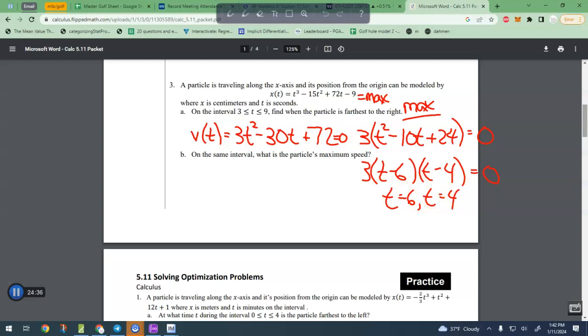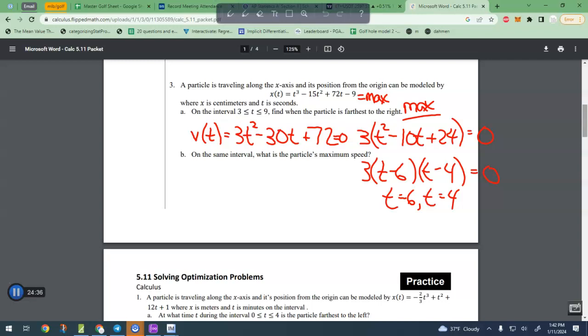So t equals 6 and t equals 4 represent points where the particle potentially turns around, goes back and forth. But the max and min could also happen at endpoints. So imagine you've got a point here and your function's decreasing the whole time. Where's the max? At the beginning, right? Or the min would be at the end. So we have to check any critical points that we get, and we have to check endpoints.